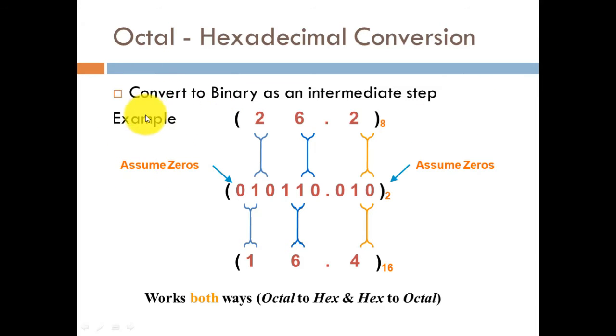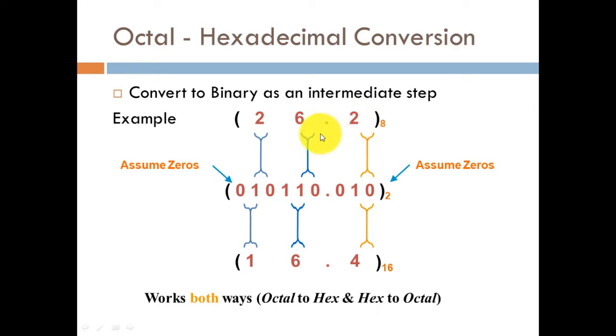So here we need to understand how we convert octal to hexadecimal. The first step is, whatever number system is given to us, octal or hexadecimal, we first convert it into binary. Suppose we have the octal number 26.2.